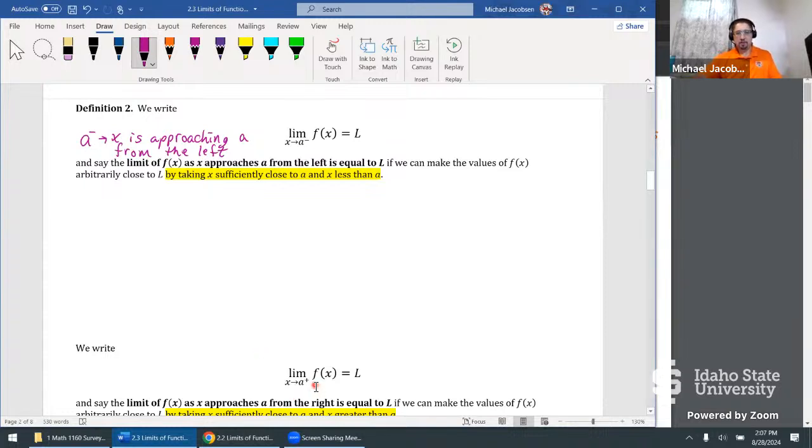Likewise, if you see a plus right here, the a plus would mean x is approaching a, but this time it's coming in from the right. So all values larger than a is all x is allowed to take on. So let's say x is approaching a from the right.